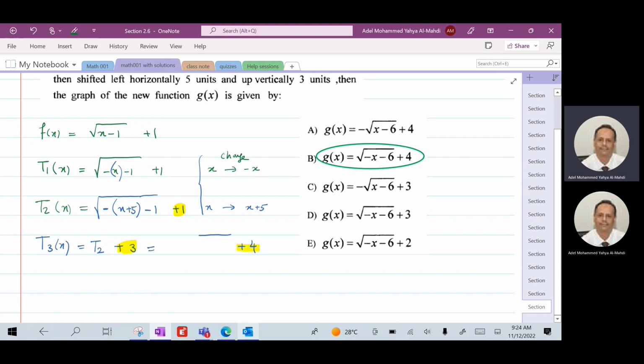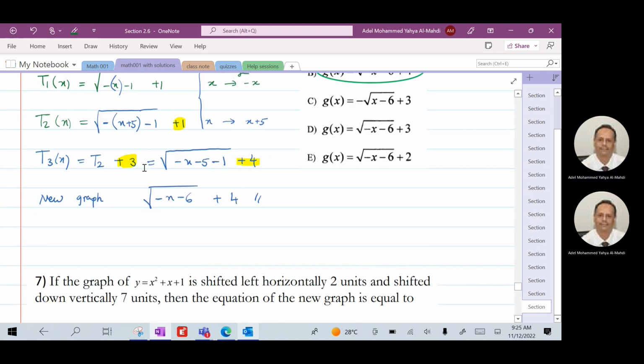And the root is the same, just simplify. Minus x minus 5 minus 1. Then the new graph will be root of minus x minus 6 outside, plus 4. So the answer is given in B.